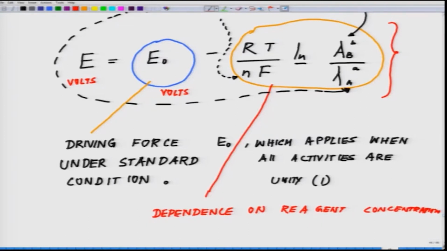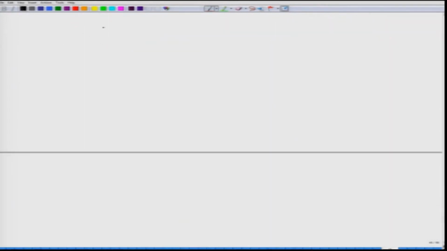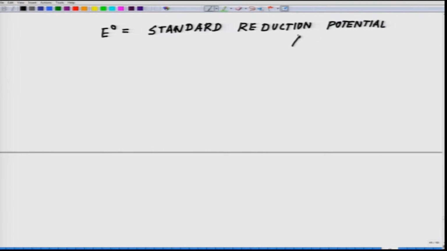Now, before I get into this term, let us put the values of what stands for what. Your E0 is standard reduction potential, since we are only dealing with reduction potential, where AA, AB is equal to 1, which is the unity, I mentioned that.